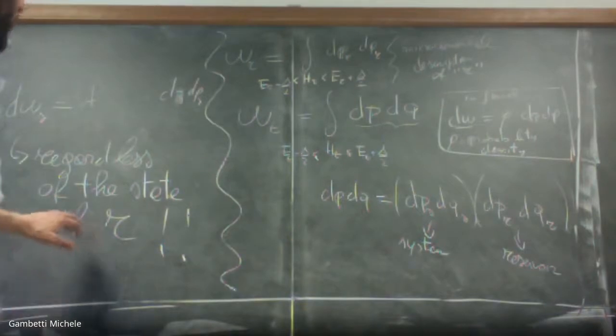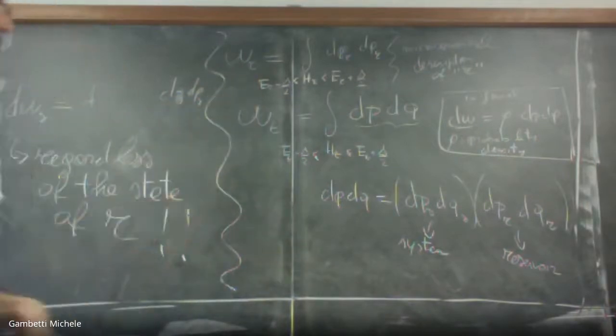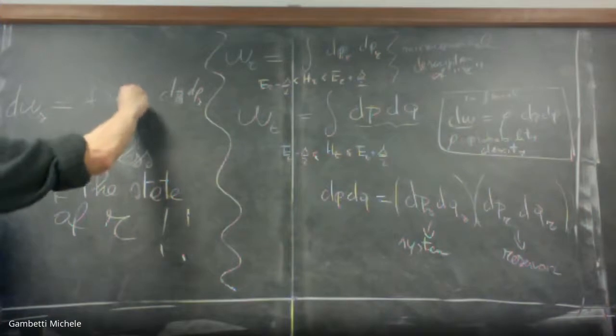The fact that I'm not considering the state of the reservoir means that I'm basically integrating over all the possible states of the reservoir. And so this distribution will be now something like this.